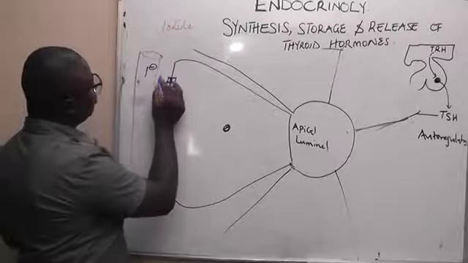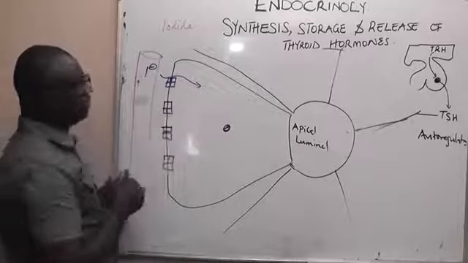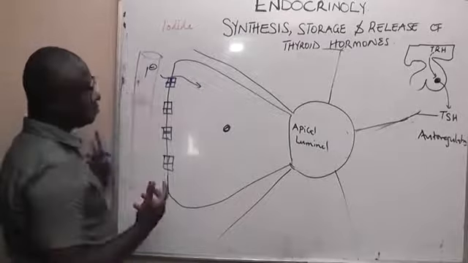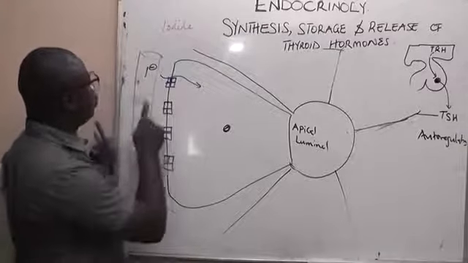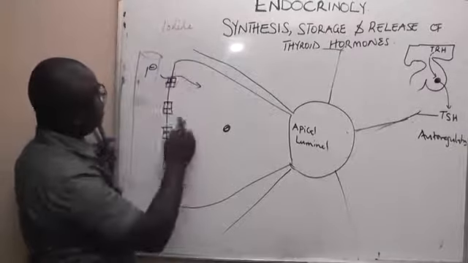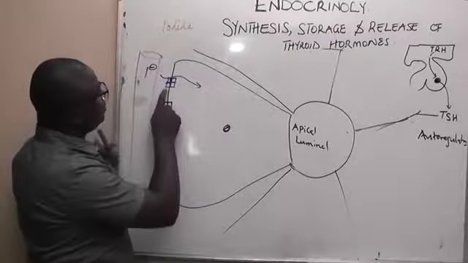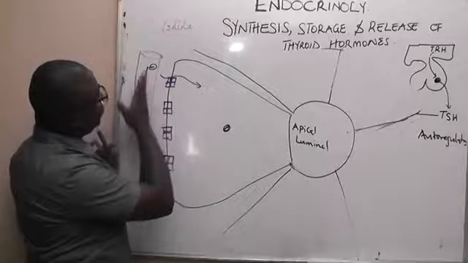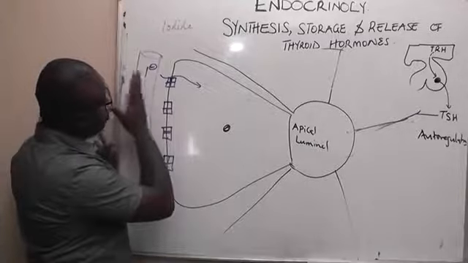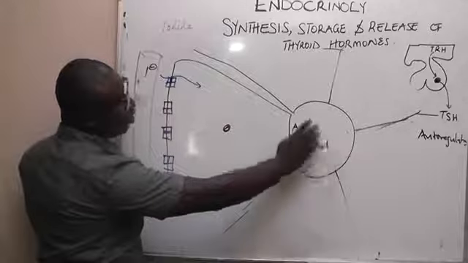It helps to move iodine across the membrane, because iodine is a charged, polar compound, so it cannot just cross the membrane. It needs a carrier. So this iodide pump helps to move the iodide from the blood capillaries into the luminal side.